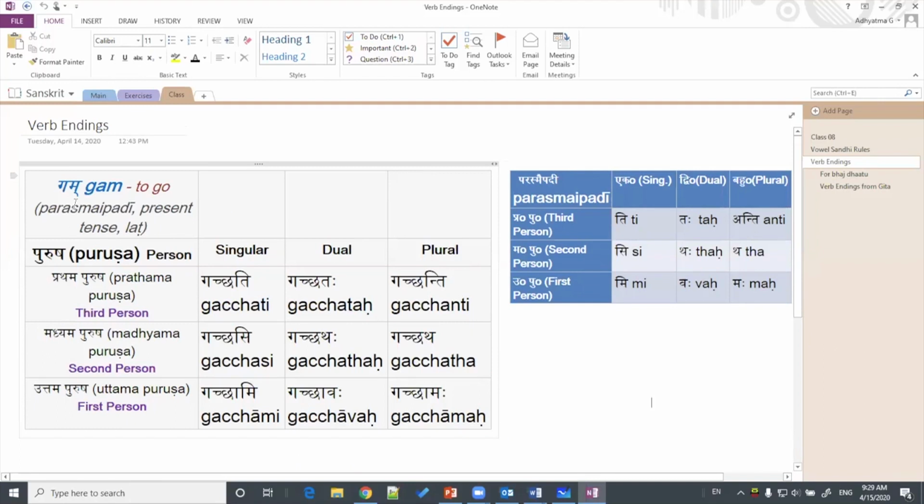It's a parasmaipadi type of ending. It's a present tense, and lat is another name of present tense. We'll see later. But it's a parasmaipadi dhatu, parasmaipadi root. Gam means to go. Gachhati, when I say, you understand based upon the ending, it's Parasmaipadi and it's third person singular.